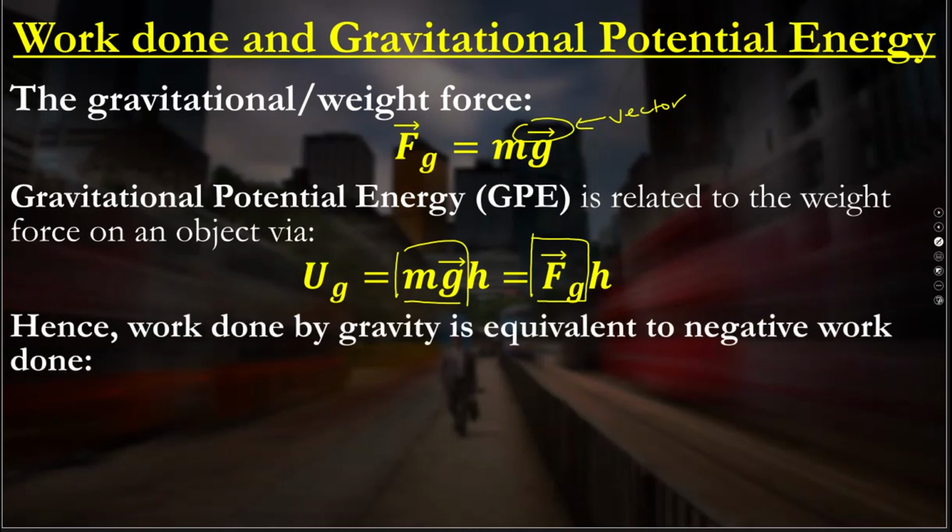So we also know because we're bringing an object up, the work that we're actually doing, so this is work. So work is being done going up, and we're gaining gravitational potential energy.